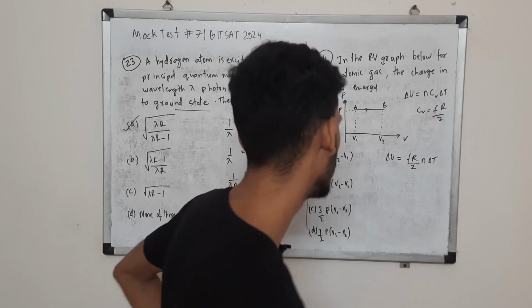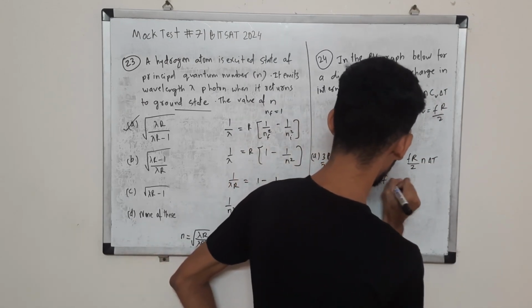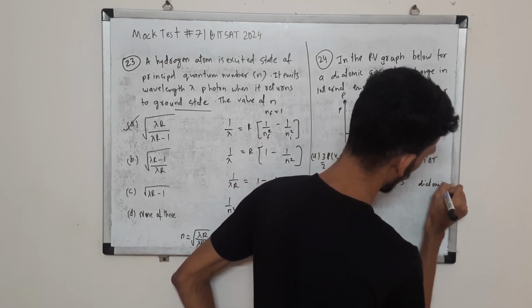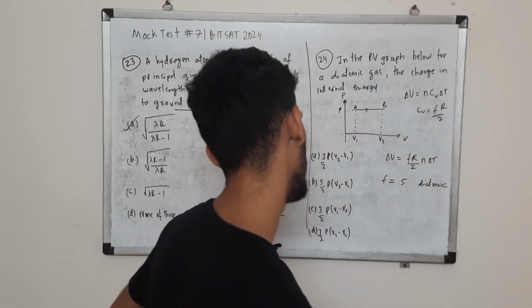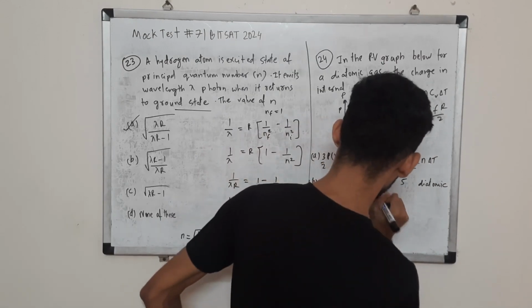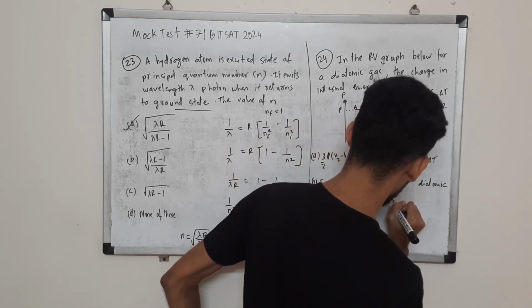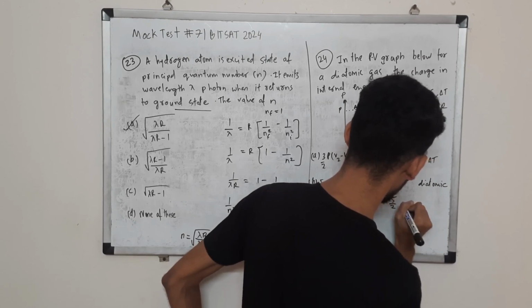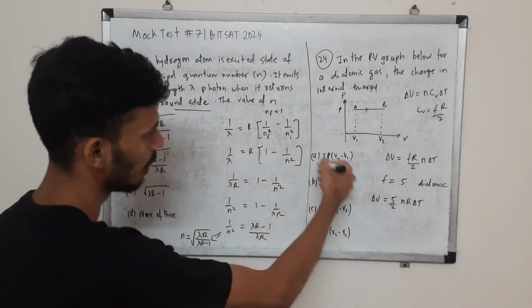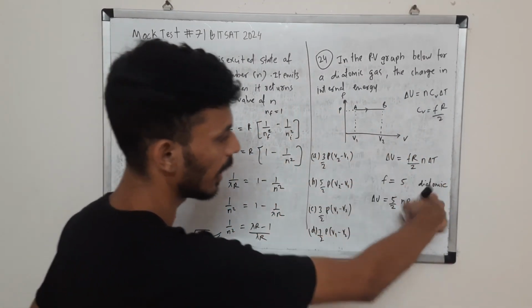So f for your diatomic is 5, right? 5 degrees of freedom for a diatomic molecule, 3 translational and 2 rotational. So delta U is 5 by 2 into n R delta T. Now we can use the ideal gas equation because everything is in the form of PV, not nRT.